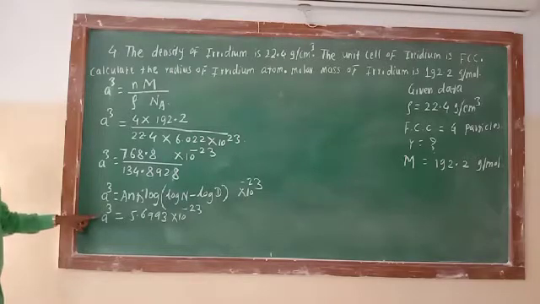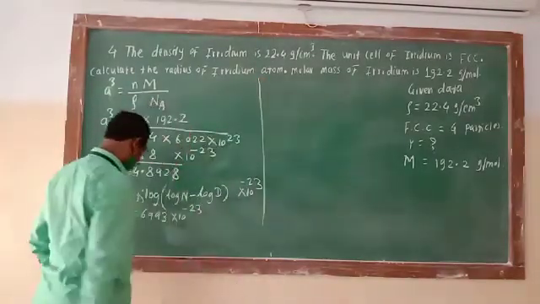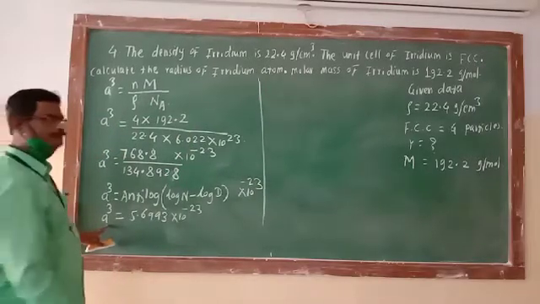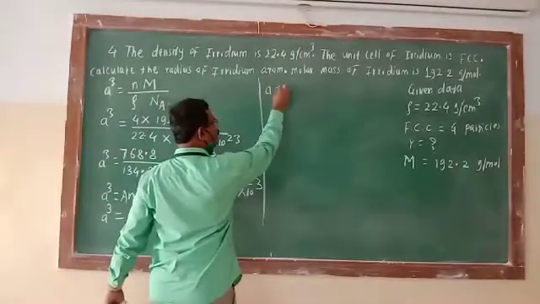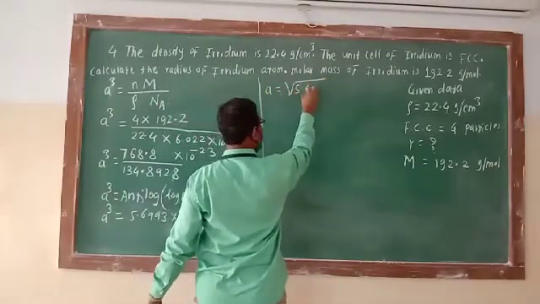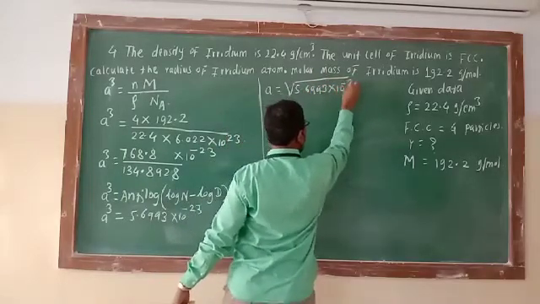Now this volume must be converted into edge length. a we have to calculate. From this equation, what is the equation for a now? a will be equal to the cube root of 5.6993 into 10 raised to minus 23.